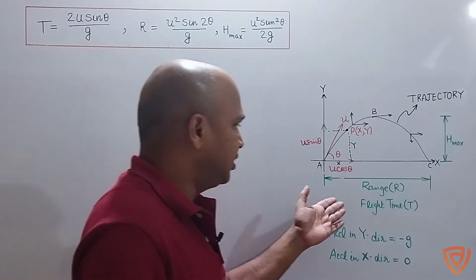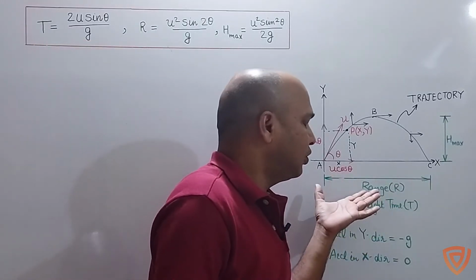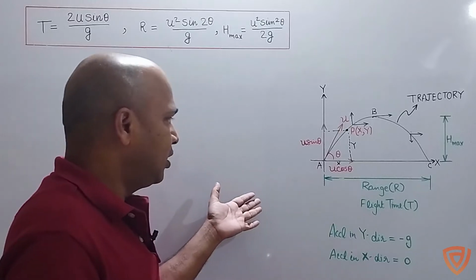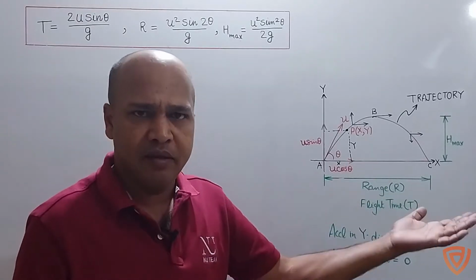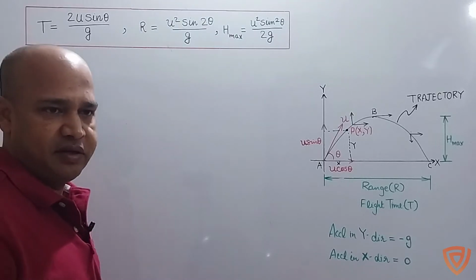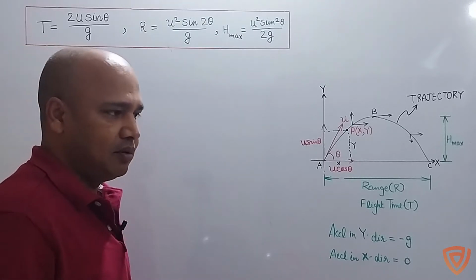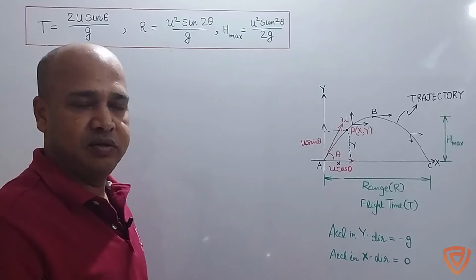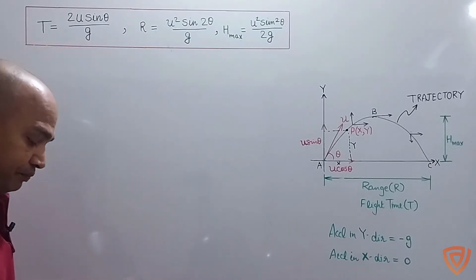So x direction displacement or total travel distance will be what? Velocity into time. Simple as that. We have studied that even in grade 9, when distance is equal to speed into time.